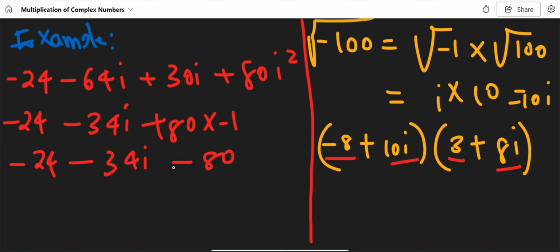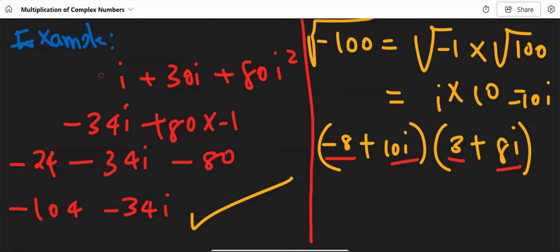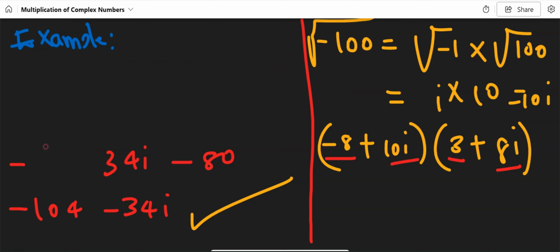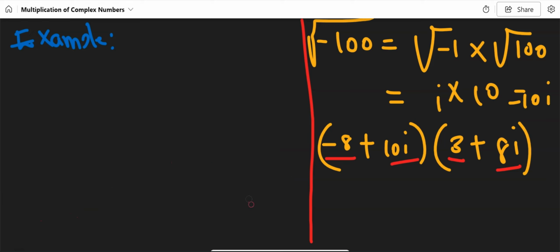So this is negative 24 minus 80, that is negative 104, then minus 34i, and this is a solution to our question. So that is it. I'll put a question here that you can solve on your end. Let me just clear this, but so far so good. This is what we can do with multiplication.